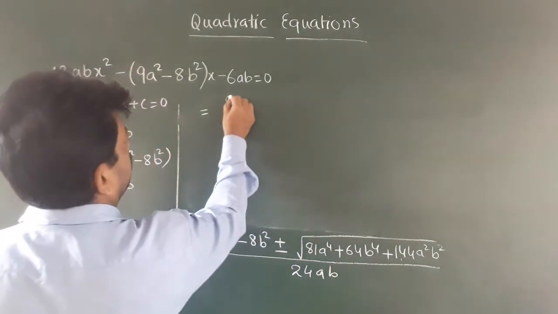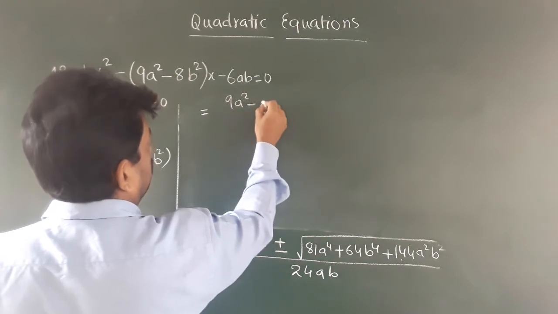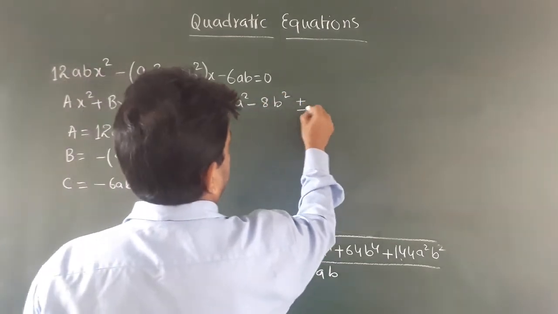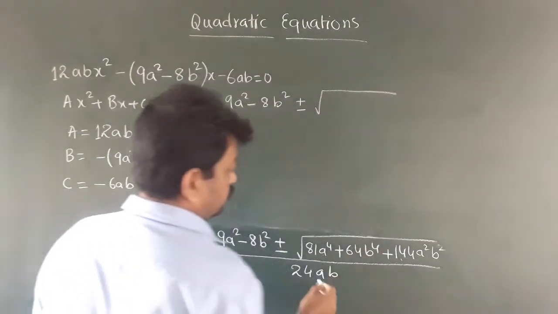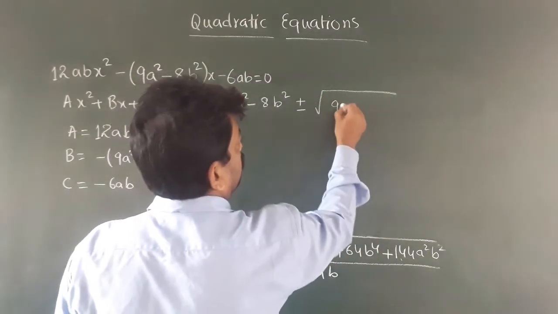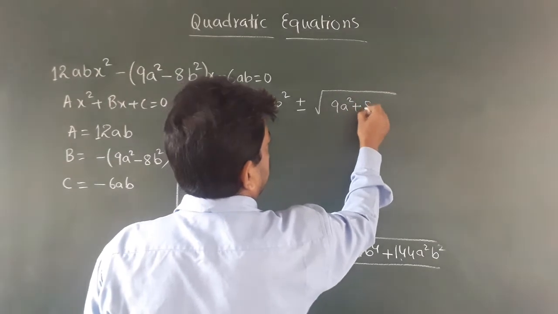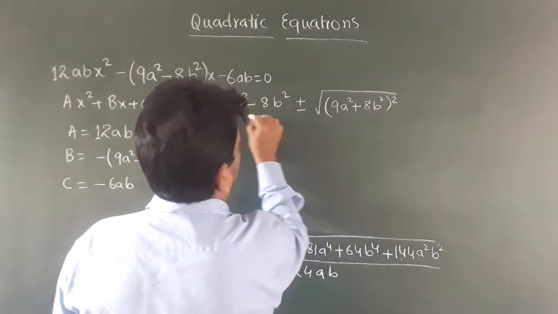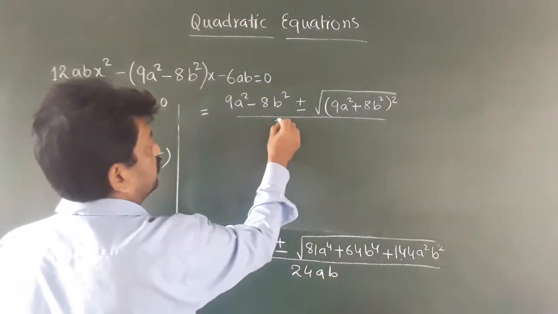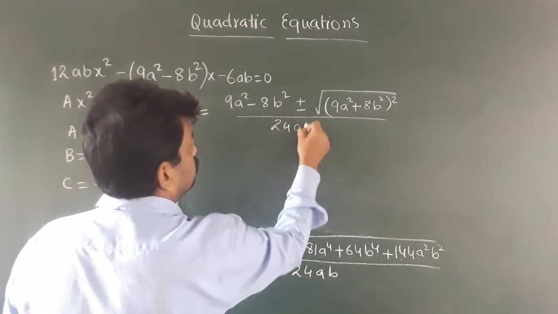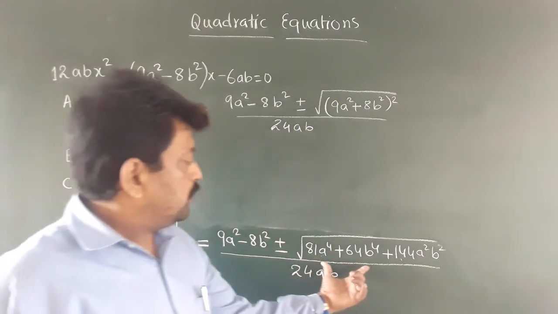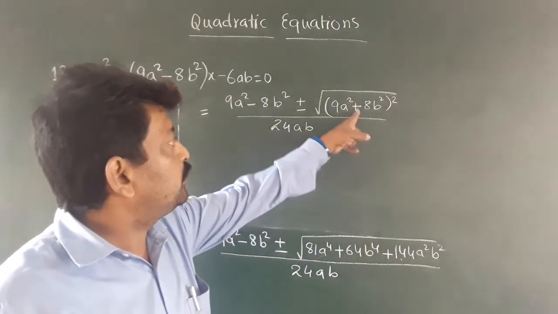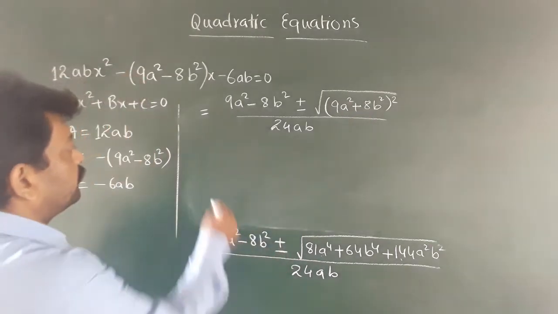So it is 9a square minus 8b square plus minus root over, this will become 9a square plus 8b square whole square upon 24ab. The whole thing under the root is in the form of a plus b whole square.